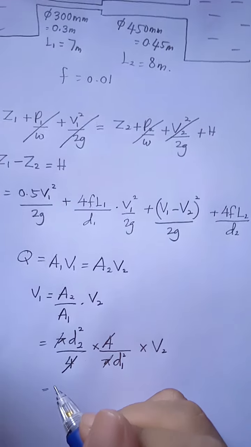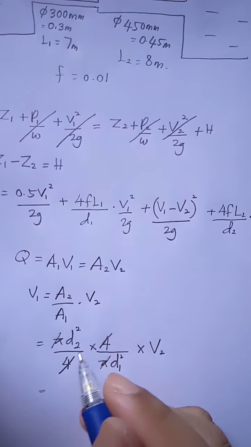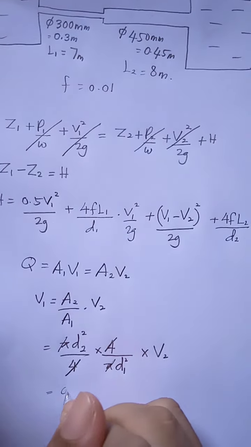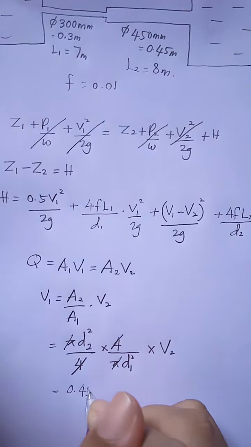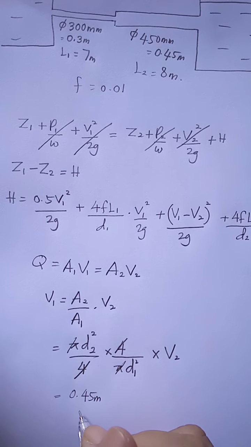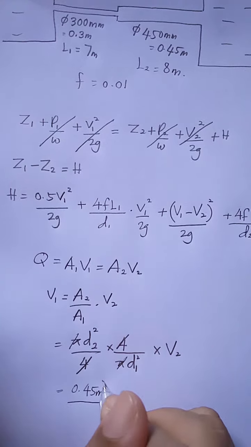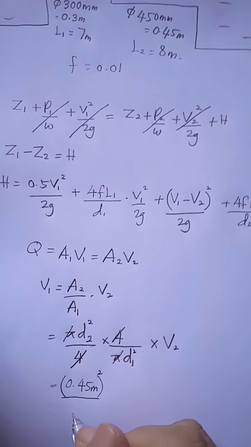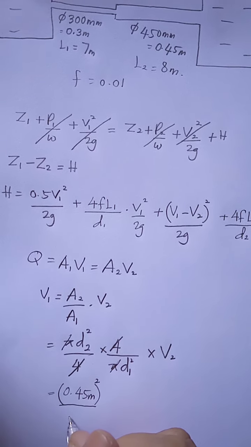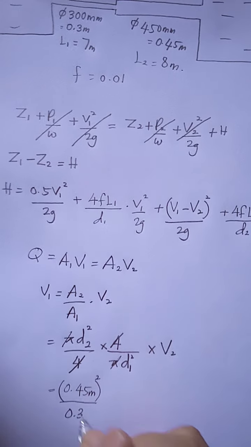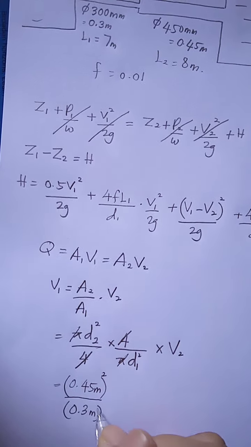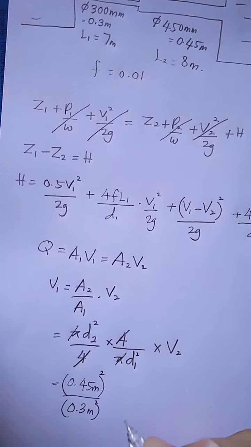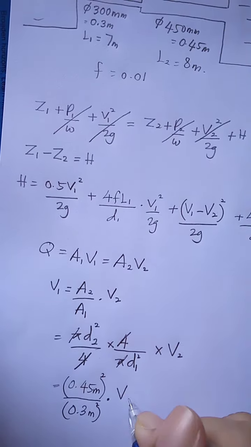So D2 is 0.45 meter, squared, divided by D1 squared, D1 is 0.3 meter, squared, times V2.